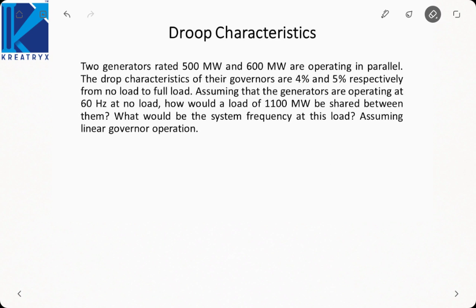Two generators rated 500 and 600 megawatt are operating in parallel. The droop characteristics of their governor are 4% and 5% from no load to full load, assuming generators are operating at 60 Hz at no load, which means no load frequency is 60 Hz. So what is full load frequency of first one?